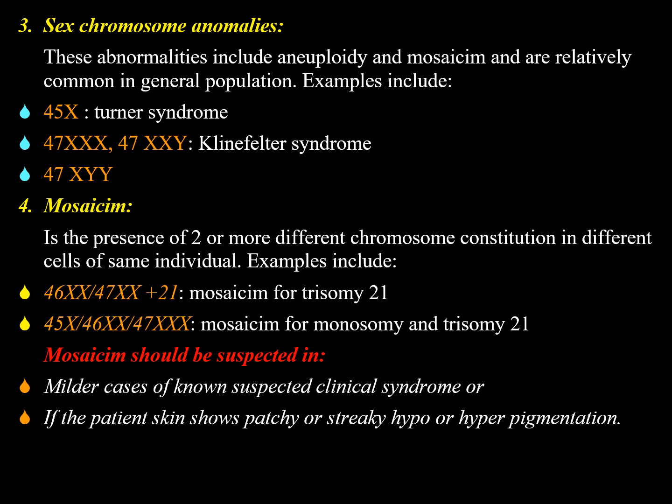So any patient with patchy or streaky hypo or hyperpigmentation, we should suspect mosaicism. The prognosis is good when compared to the original disease. For example, mosaic Down syndrome has milder features and a better IQ than the usual trisomy 21, which means 47XX.